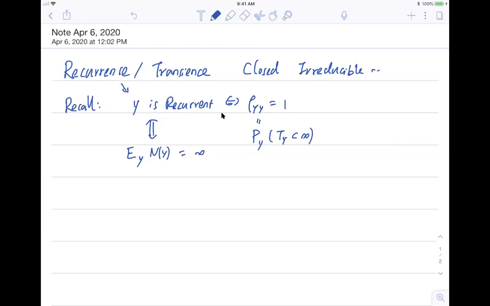So as a definition, E_x N(y). So what does this mean, right? This means you're starting from x, and you compute all the times you return to y, right?